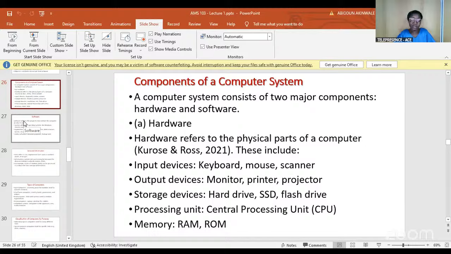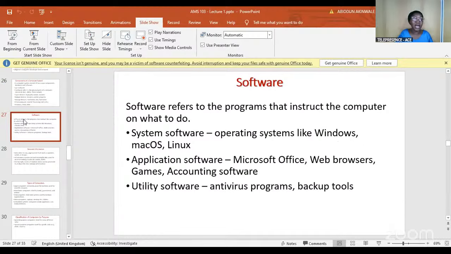So a printer is also part of the hardware and the output devices that we talk about, because they work together. Storage devices like the hard drive, the SSD, the flash drive you carry about are part of this. And then the processing unit is also there, the memory, the RAM. When you open your system, you see it there.